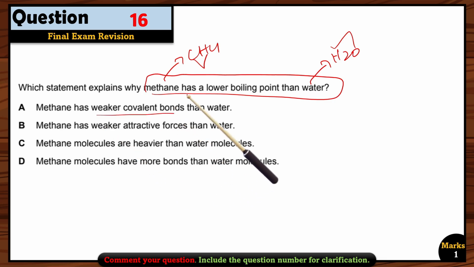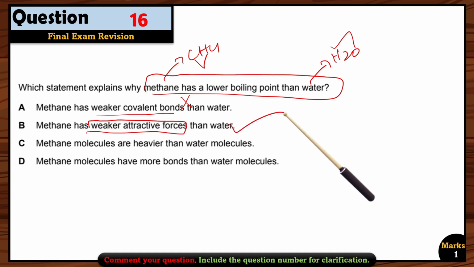Methane has a weaker covalent bond? Again, wrong. Covalent bonds are not responsible for lower melting or boiling point. Methane has weaker attractive forces? Yes, this option is right. Methane has weaker attractive forces than water. Water also has weak attractive forces, but methane's attractive forces are even weaker. That's why methane's boiling point is lower than water's. And remember, it doesn't matter that methane molecules are heavier than water molecules.